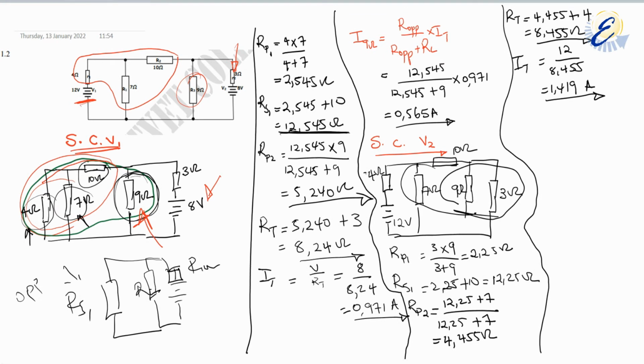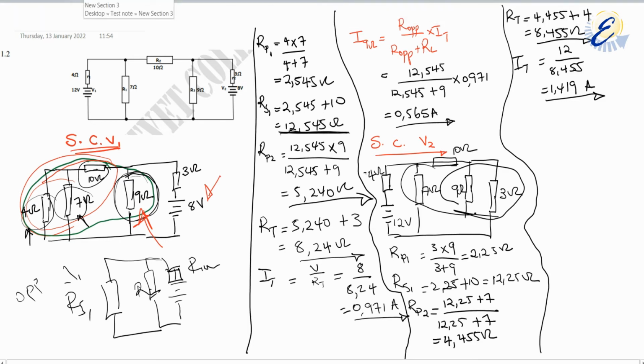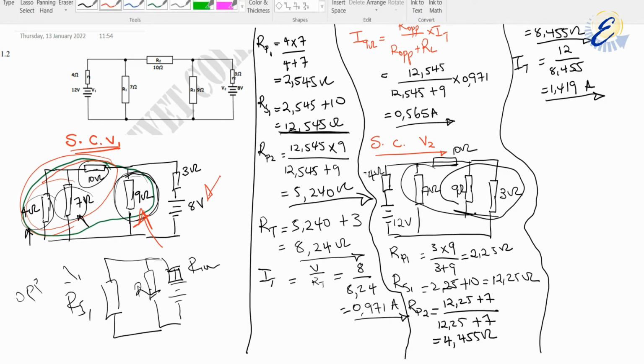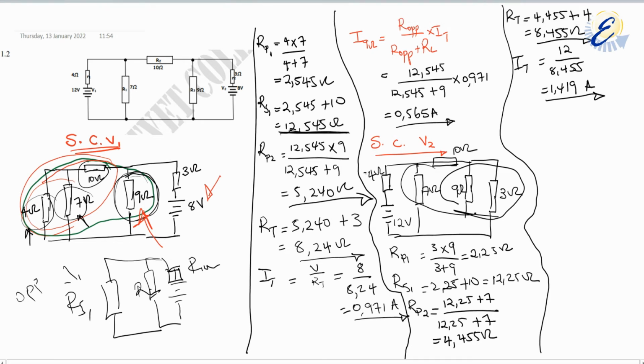Now, what is it that you must do? Here's what you need to do. This is the simplest way of doing it. Look at this. We are going to pretend like 7 was our load, and then we calculate the current that flows through the 7.